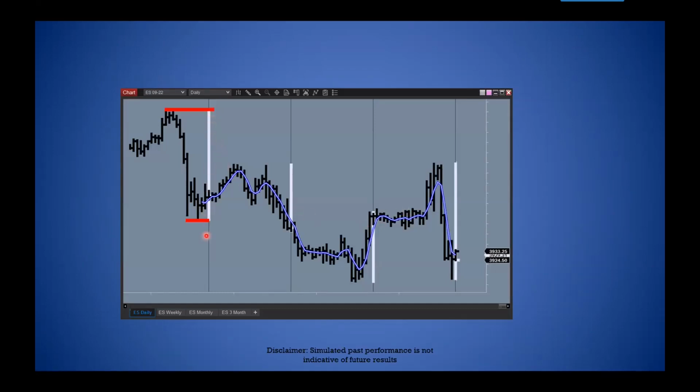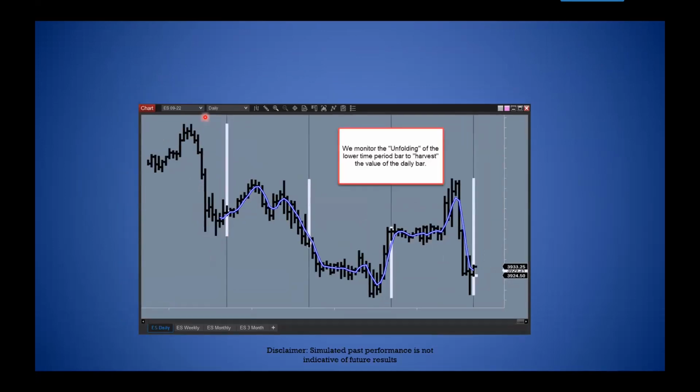So here we have monthly white bars showing you the range, and the number of the daily bars that are in between. So our object is, if we're trying to trade a monthly bar, we're trying to capture as much of this space as we can. So we harvest a bar.